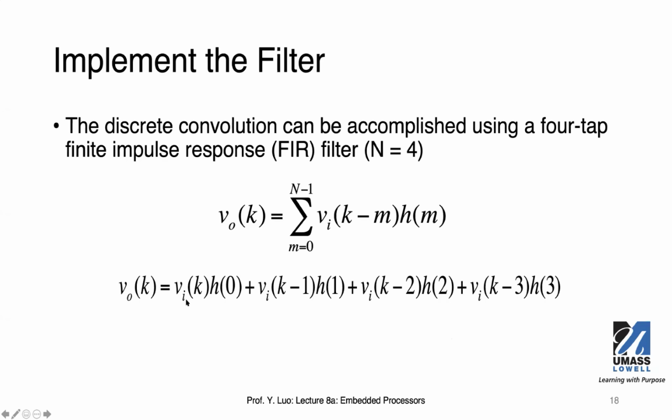This V_k is the input, and H0, 1, 2, 3 are the sampled point values from the impulse response function. And this V_(k-1), V_(k-2), V_(k-3) are the samples of the past before this current data point on the input.